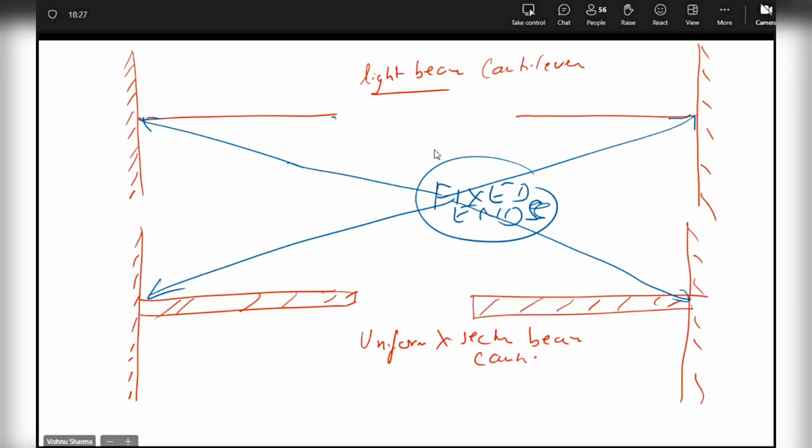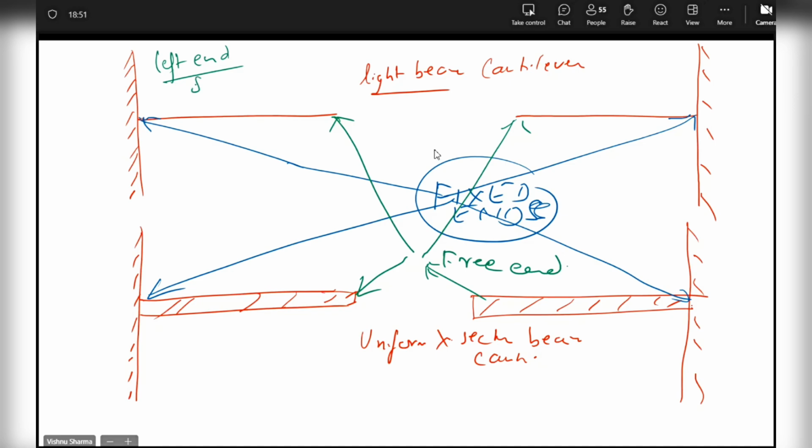So this one, this one, this one, and this one, they are called the free end of the cantilever. Okay. Now you will say, why have I drawn the two sides of the light beam? This is called left end supported. Both of them supported. In these two, the left end is supported. In this case, the right end is supported.